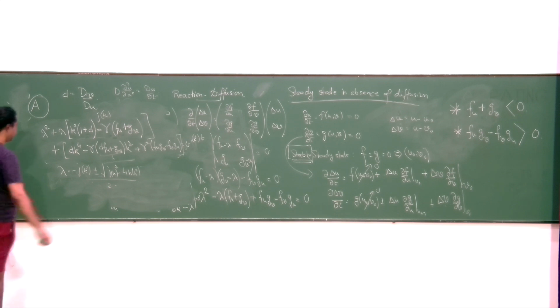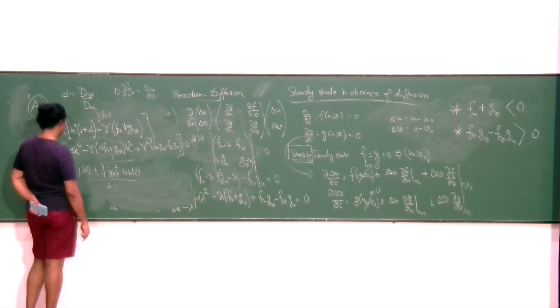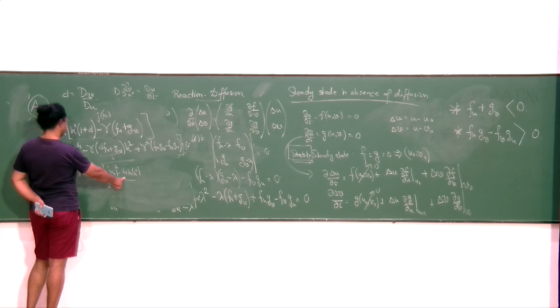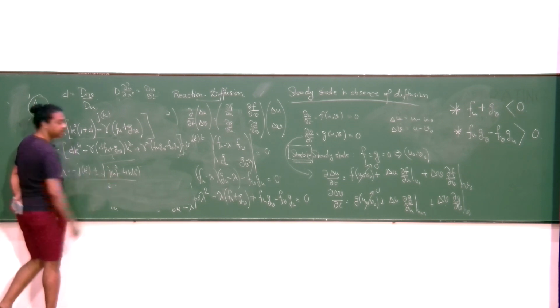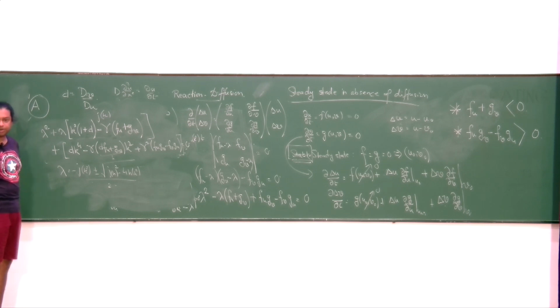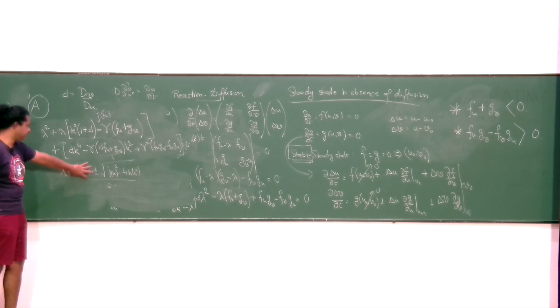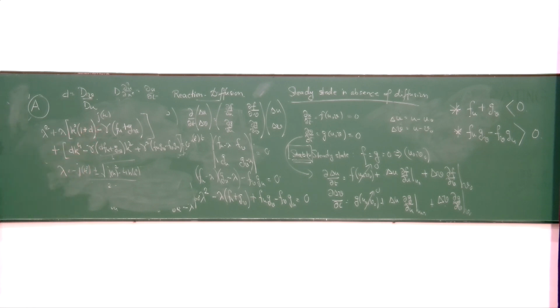If I wanted a positive root, h of k square should be negative, right? Because then I will have at least one root which will be greater than this minus sign over here, and therefore I will get a positive. Is that fine? You can think this through also.